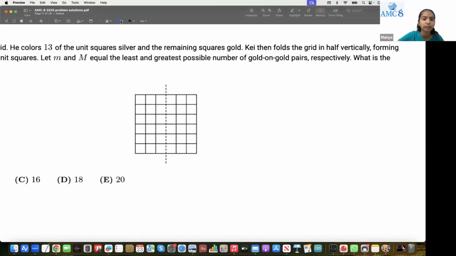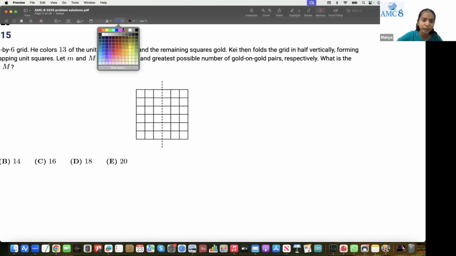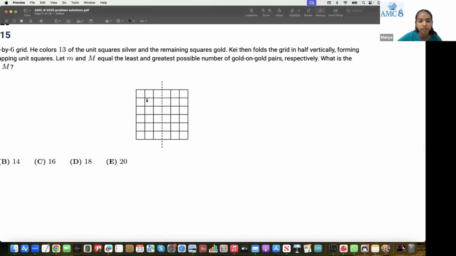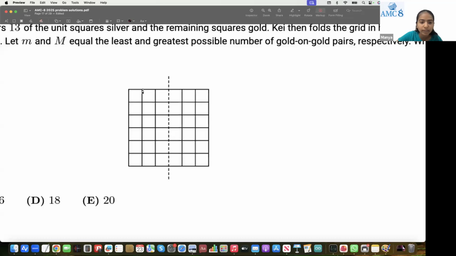First of all, let me use this color. So he colors 13 of those squares silver and the remaining gold. How about we do the least possibility of gold on gold first? So we're trying to do the least. If it would be least, then we would color this part 13.